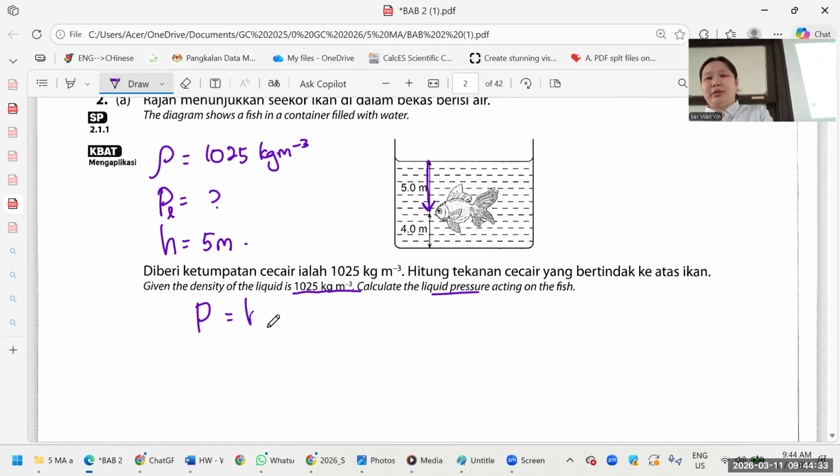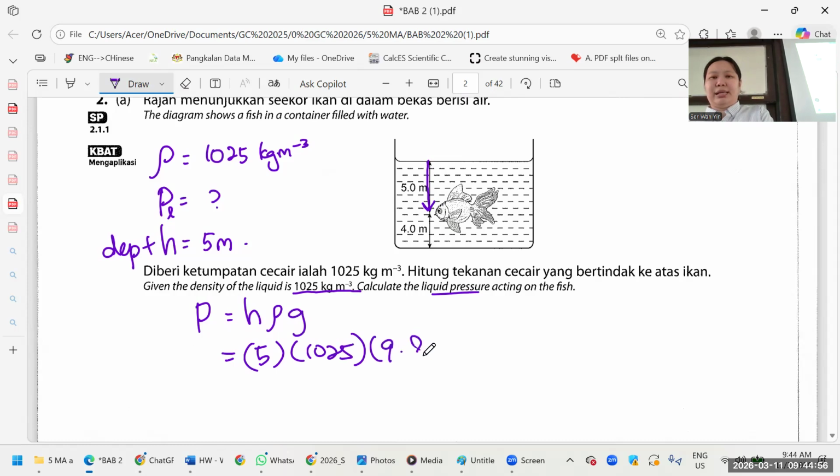Okay, P equals H rho G. So remember, this H is depth, not height. They always write H. Whatever height or depth, they always write H. So this is 5 times 1025 times 9.81.